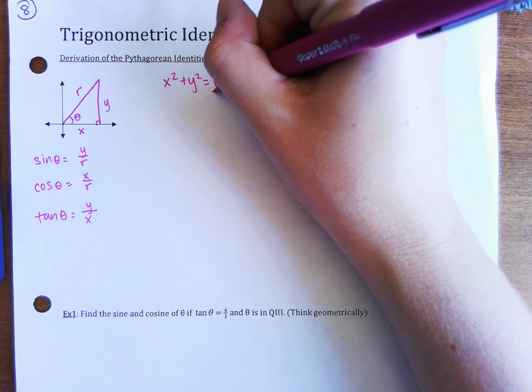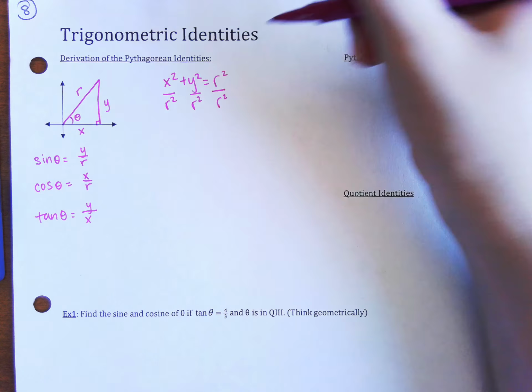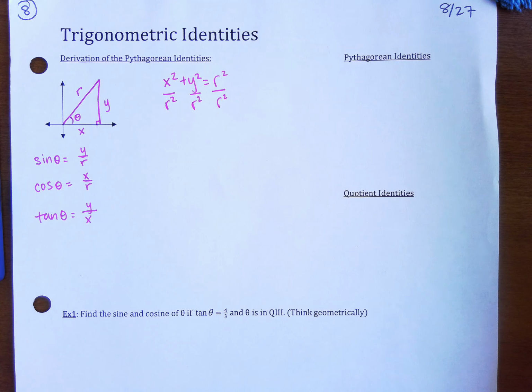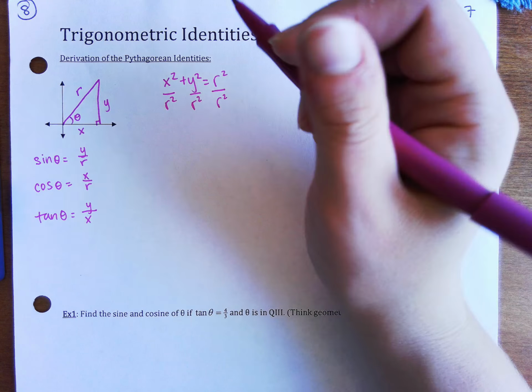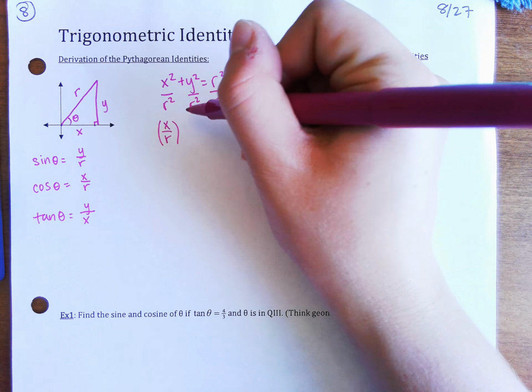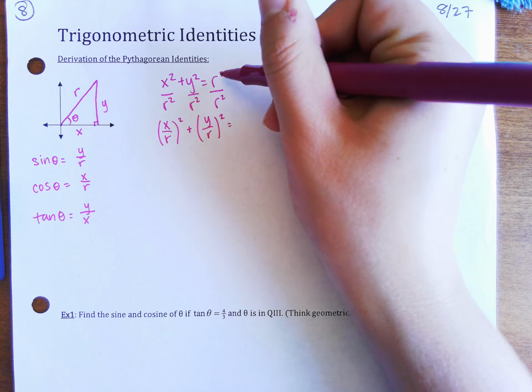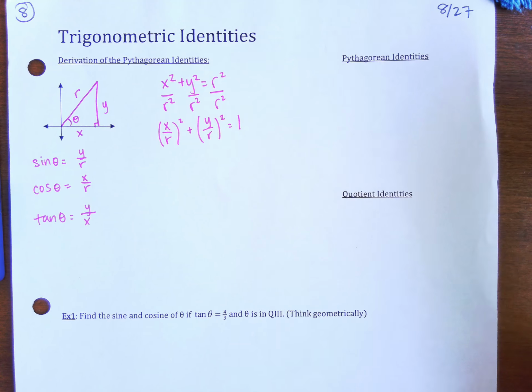I'm going to divide everything by r squared. I can do that because r is just a value, so I'm just dividing everything by 5 or 10 or whatever r is. And if I do that, I'm going to rearrange this: x over r quantity squared, y over r quantity squared, and r squared divided by r squared is just 1.